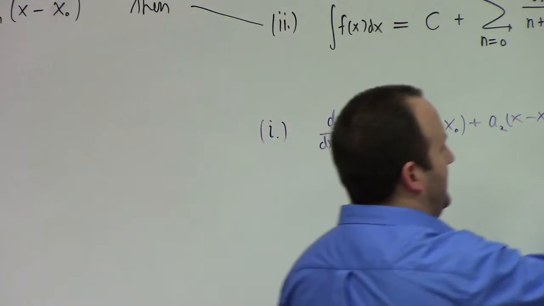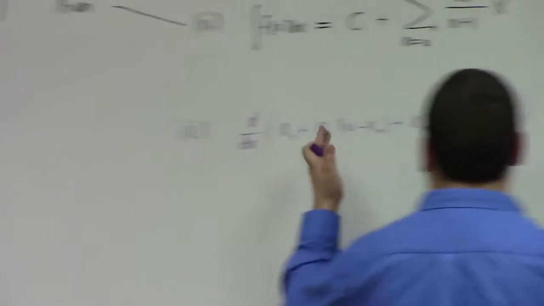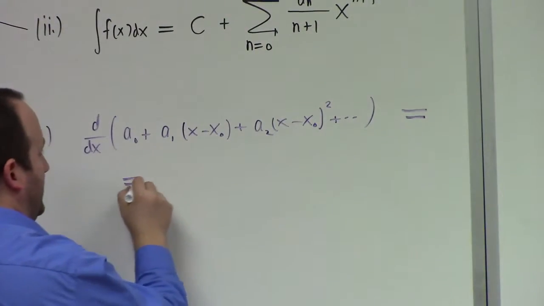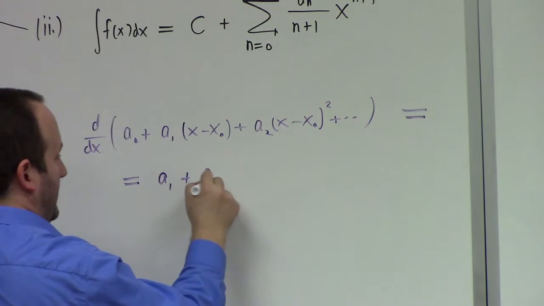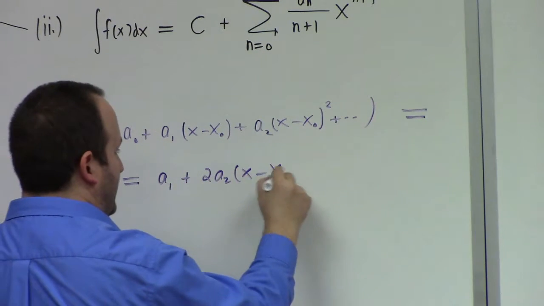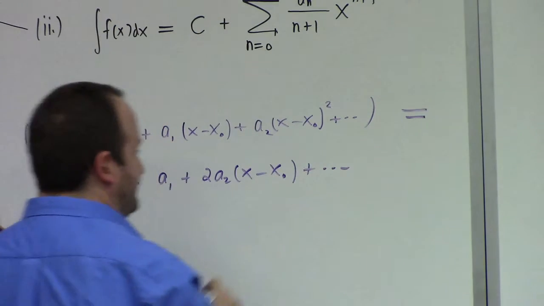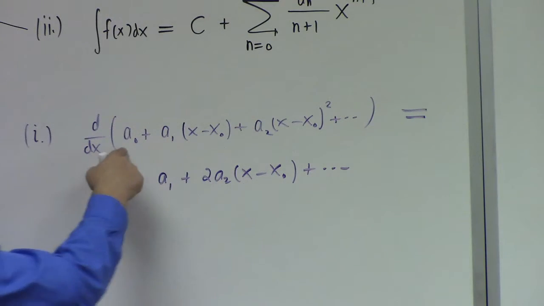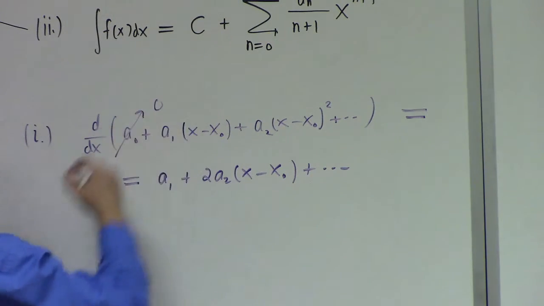Then how do you differentiate? Well, you differentiate term by term, right? So that's just a1 plus 2 a2 times x minus x naught plus and so on. And so the derivative of this constant is just 0.